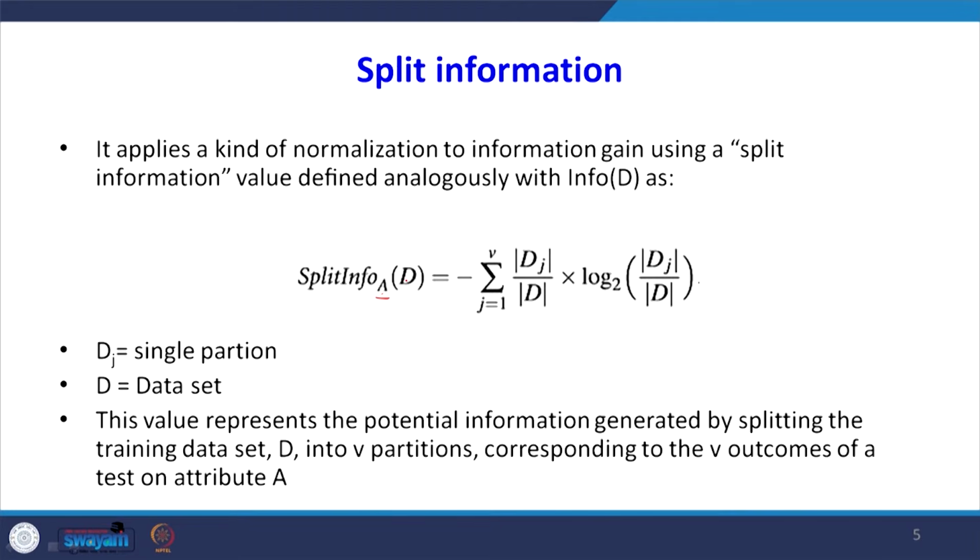Here Dj is a single partition. In the next slide I have an example where I will explain what Dj is. D is the data set. This split info represents the potential information generated by splitting the training data set D into V partitions corresponding to the V outcomes of the test on attribute A.